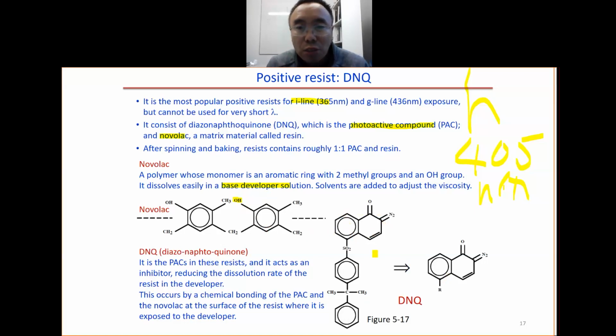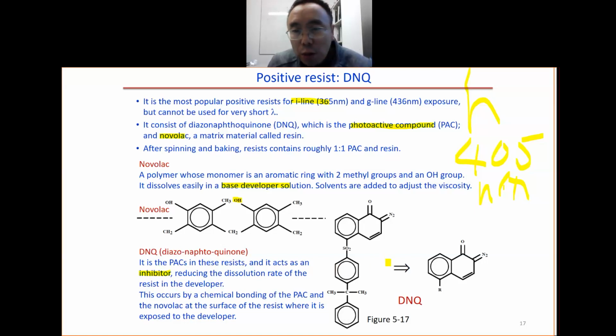As a result, when you mix this material with Novolac, it will also become insoluble, because this material will act as an inhibitor. This will reduce the dissolution rate of Novolac in the base developer. In short, when you have this film together, the two materials come together, they will not be soluble in the base developer.